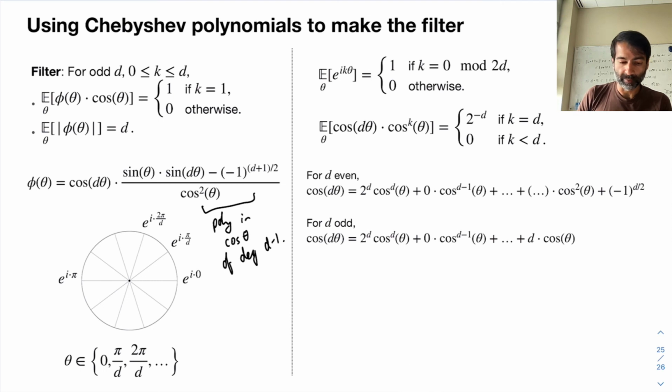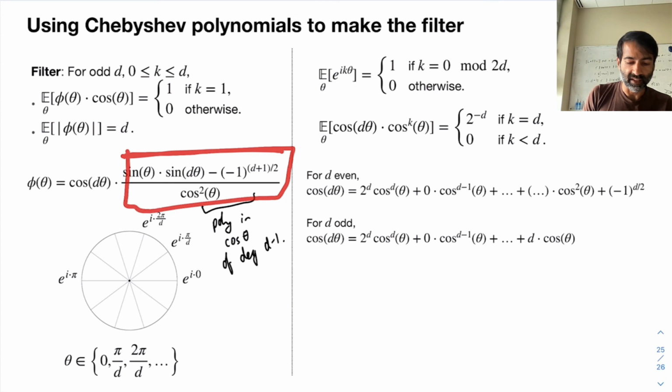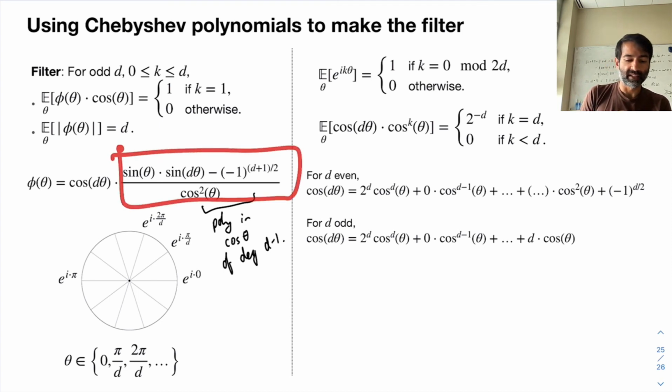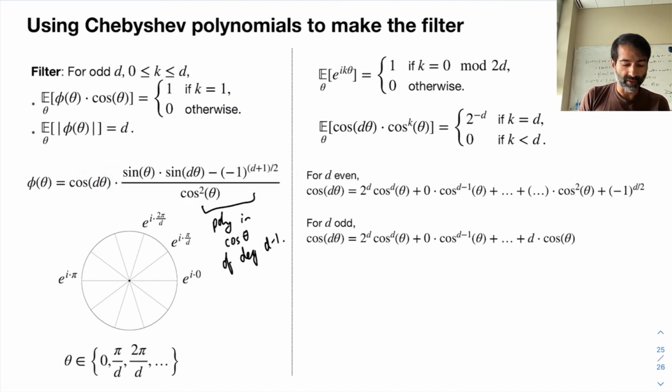To bound the L1 norm, notice that this part always has the same sign. Okay, because sine theta times sine d theta has magnitude at most 1. And then you're either adding 1 or subtracting 1. So the sign of this part is always the same. And cosine d theta on input theta from the set is either plus 1 or minus 1.